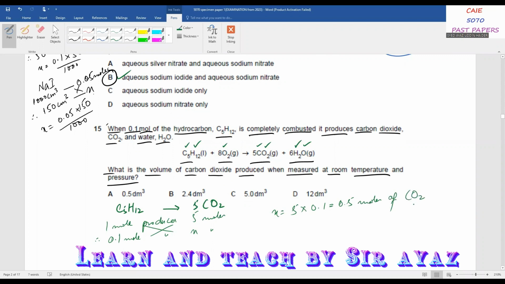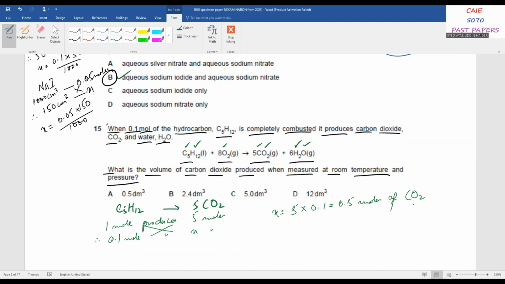And we know that at RTP, for any gas, 1 mole contains 24 dm³. So 1 mole contains 24 dm³.